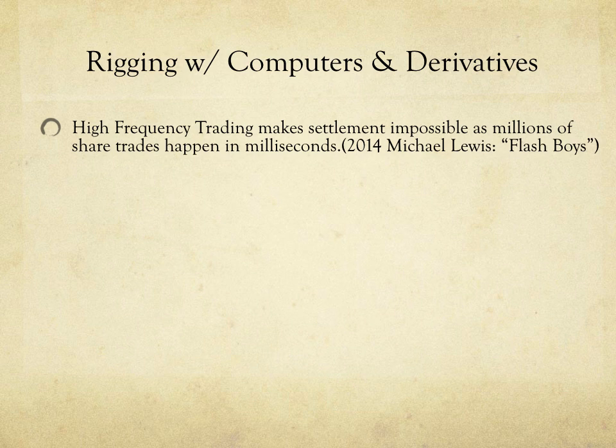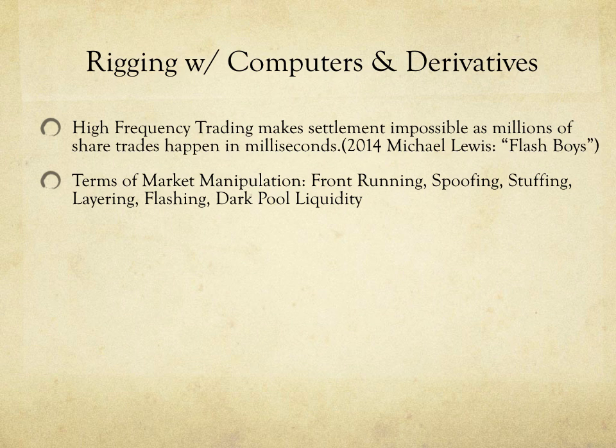As a matter of fact, the DTCC and the SEC say over 300 million shares are not settled. Failure to delivers. And in terms of market manipulation, there are front running, spoofing, stuffing, layering, flashing, dark pool liquidity, all this stuff. And they have to invent terms because it's all new to the markets and you're not supposed to know about it.